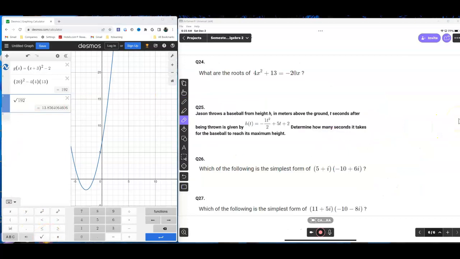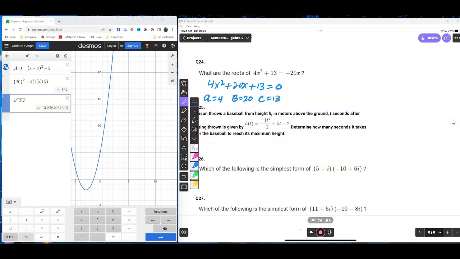What are the roots for 4x squared plus 13 minus 20x? So to solve this, you have to make sure it's 4x squared plus 20x plus 13 equals 0. It has to be set equal to 0, the equation. So A equals 4, B equals 20, and C equals 13.